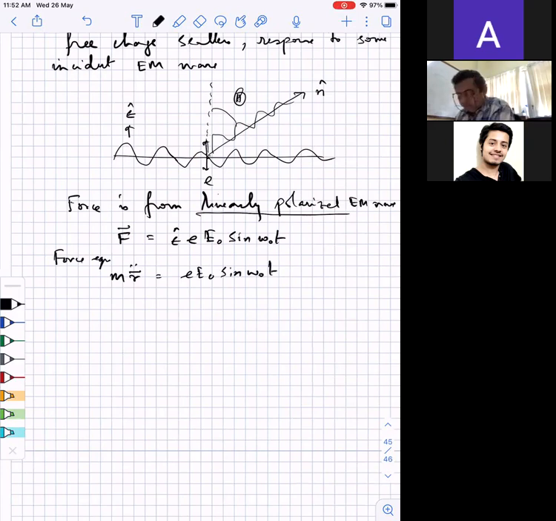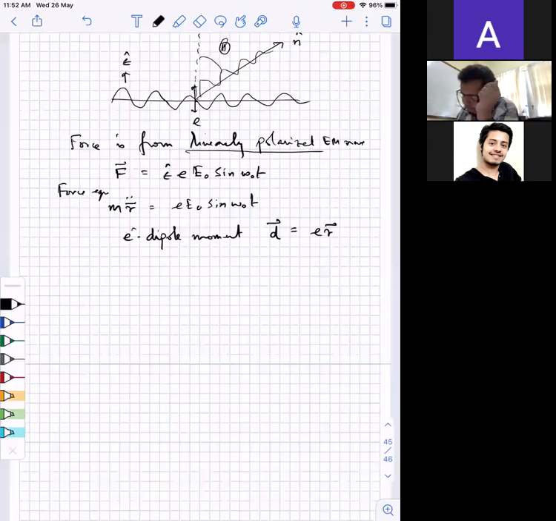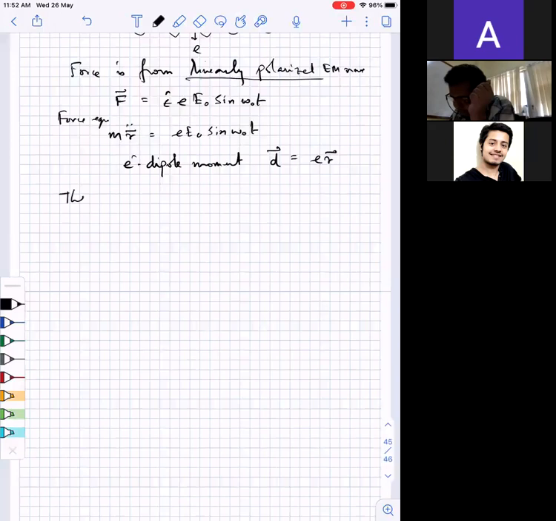And if I define the dipole moment, the electron dipole moment, over here of course, instead of Q, I have written E because it's an electron. Doesn't matter. The electron dipole moment D is equal to E times R. So if I write the electron dipole moment, I can solve this equation, and I can write down the double derivative, because there's an r double dot, so automatically you get a d double dot.